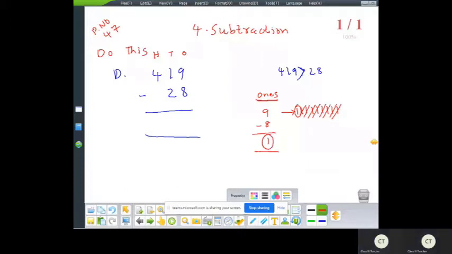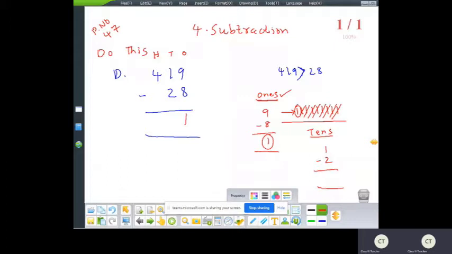Next, subtracting on tens. The digits under tens are 1 minus 2. Here 2 is bigger than 1.